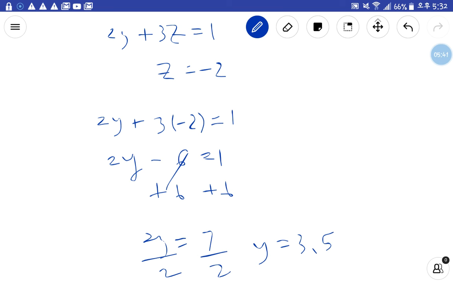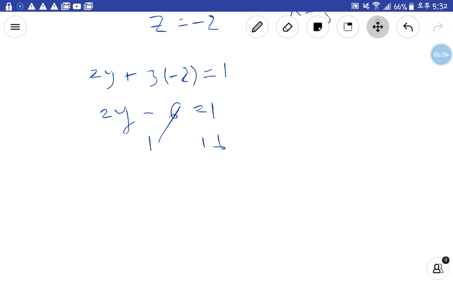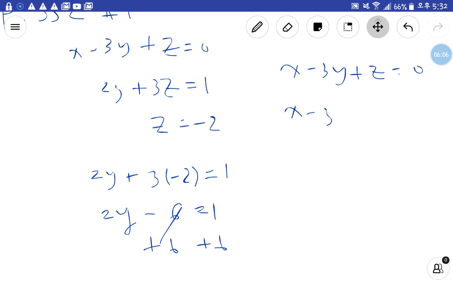Okay? And then we're going to plug these numbers into the first one, right? So let me go to the first one: x minus 3y plus z equals 0. My y, what was my y? y was 3.5.